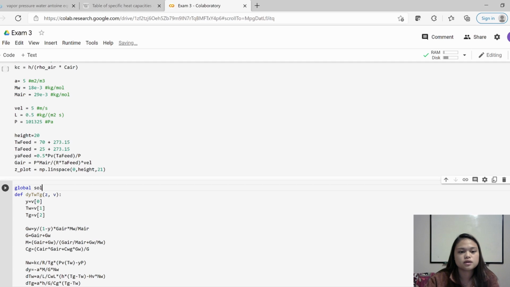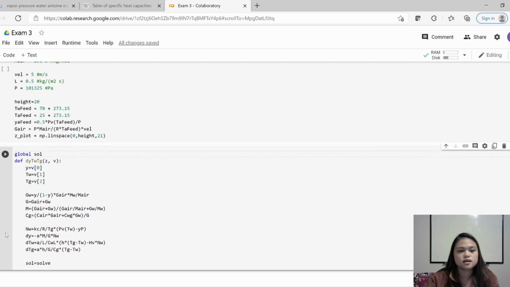What this will do is it allows us to use the values within this function, what we solve, outside. And so we want to solve that IVP. And so we define the function that we have, so that dy, tw, tg. And then we need the range for the independent variables. So that will be from 0 to that height, which is 20. But we can type in the variable that we have as height.